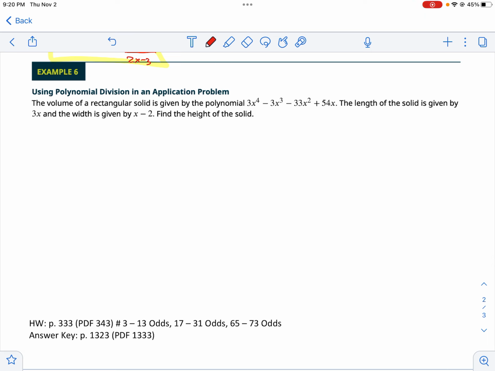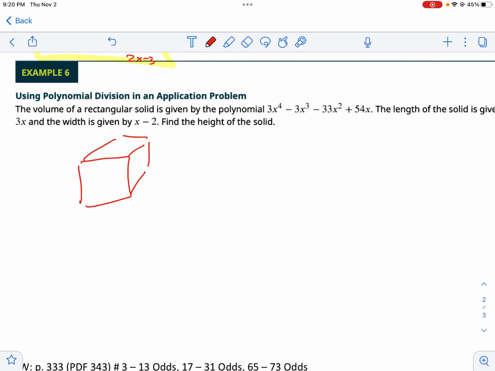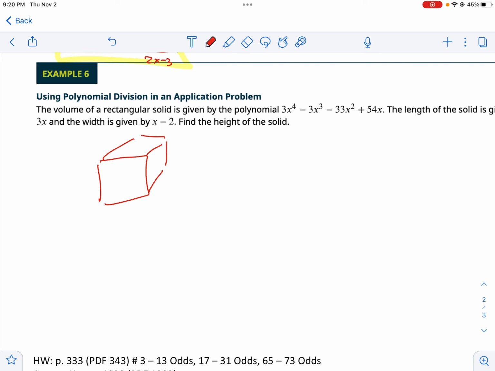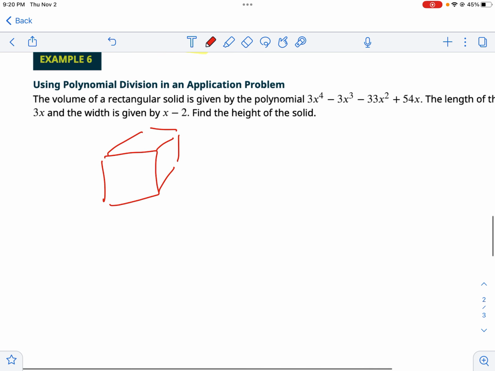So this word problem says, if you have a rectangular solid, so imagine you have a box. So they say the volume is 3x to the 4th minus 3x to the 3rd minus 33x squared plus 54.